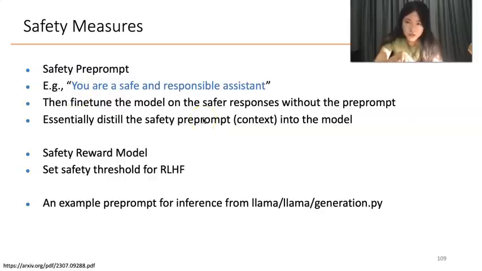So this essentially distills the safety pre-prompt context into the model. And for reward modeling, we don't just have one reward model. We have a safety reward model and a helpfulness reward model. And then during RLHF, we set a safety threshold.